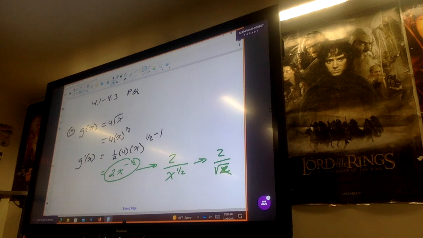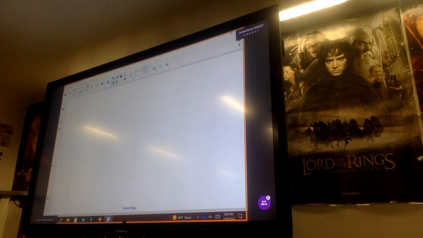Alright, then we get to number 15. Oh boy. How did we do number 15? What was the new rule that we talked about? You could FOIL it out and just do directly, but this is going to fall under product rule, meaning I'm multiplying two things together. So the product rule, does anyone remind me what product rule is?